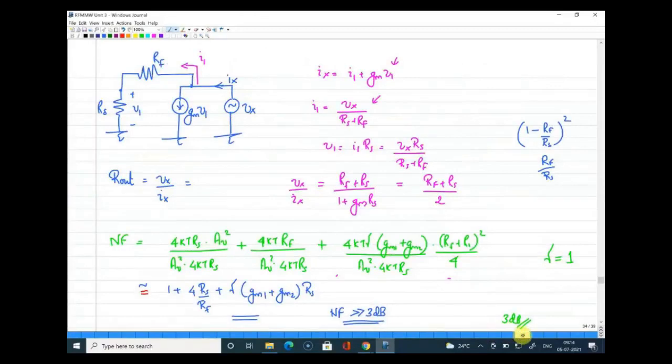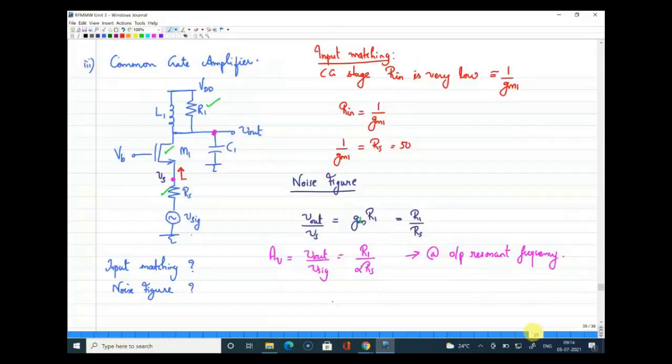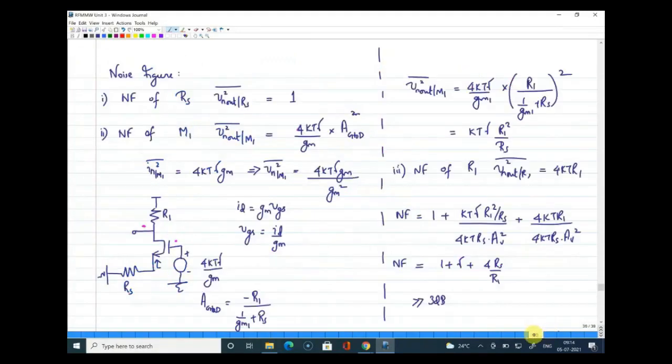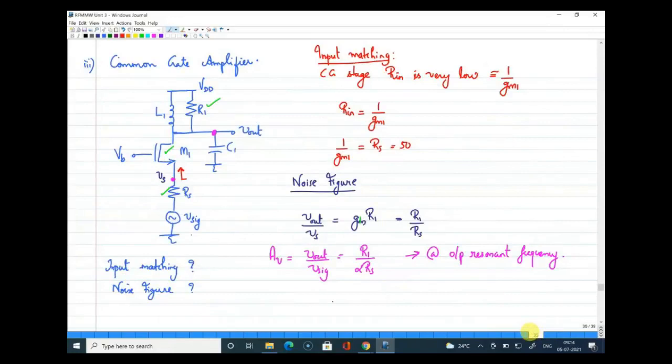So then we looked at other architectures, and with that we started with the common gate amplifier. The load is inductive, because we have discussed the resistive load before. There we saw that for input matching, since it is common gate, the inherent feature of common gate is that it has a low input impedance.